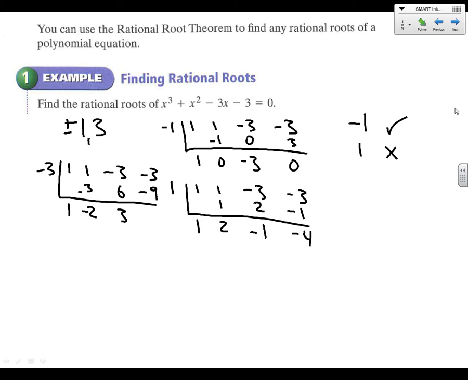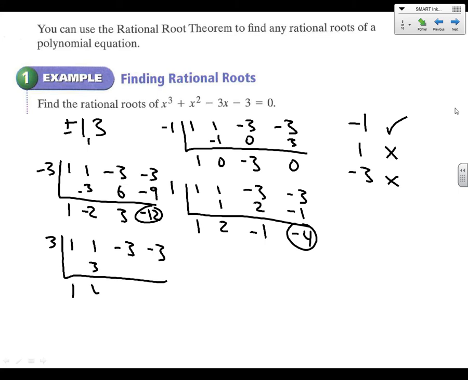This is negative 4, this is negative 12. Negative 3 doesn't work because we have to have 0 here for it to be a factor. And the last one to check is positive 3. And we get 1, and 3, and 4, and 12, and 9, and 27, and 24. Nope, doesn't work either. So there's only one rational factor, and that is negative 1.